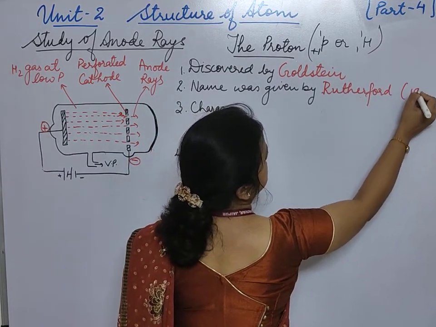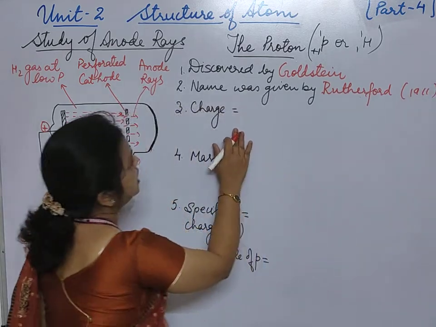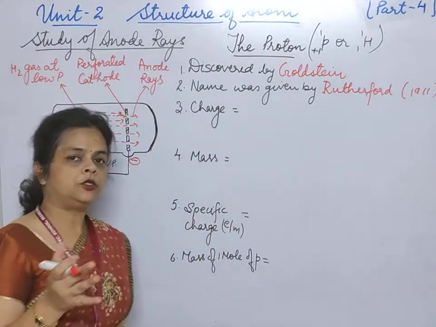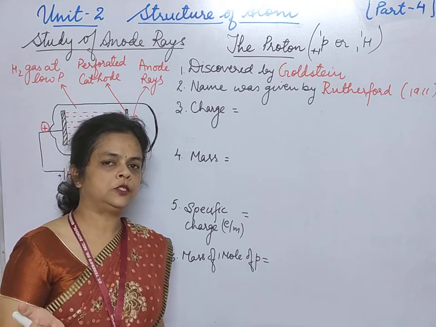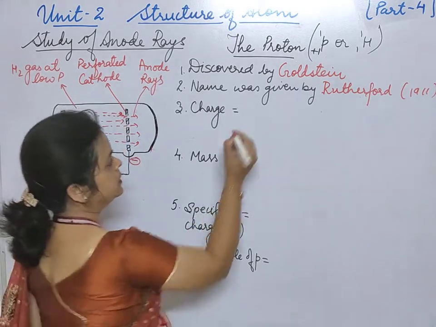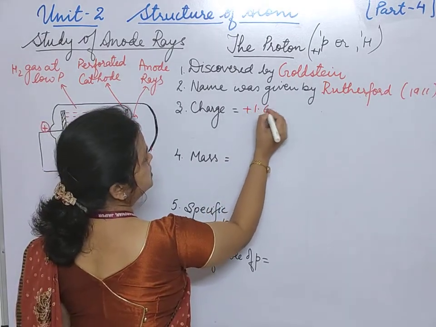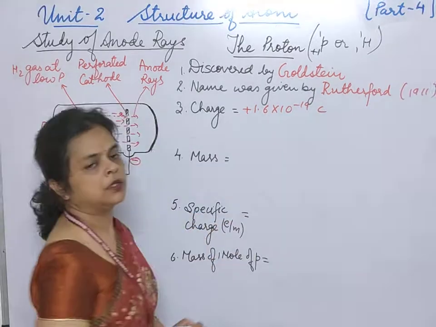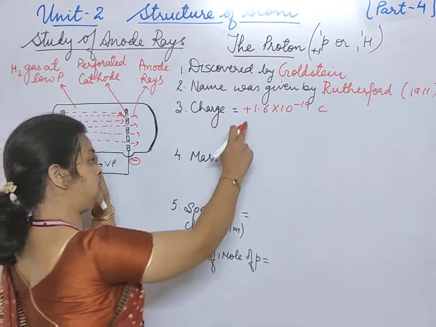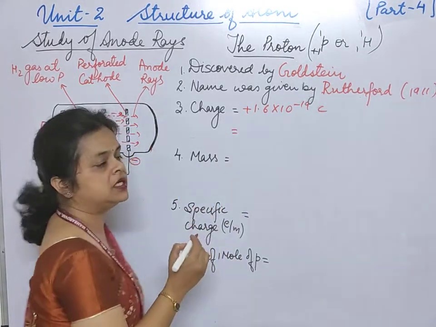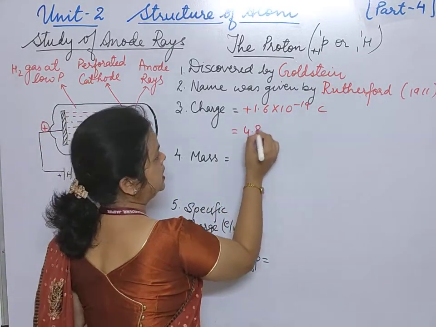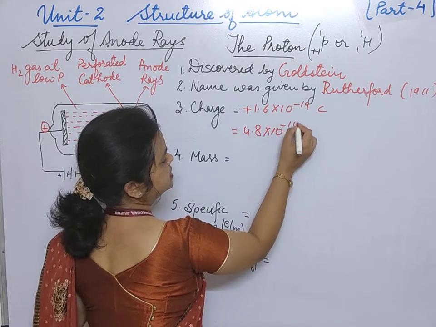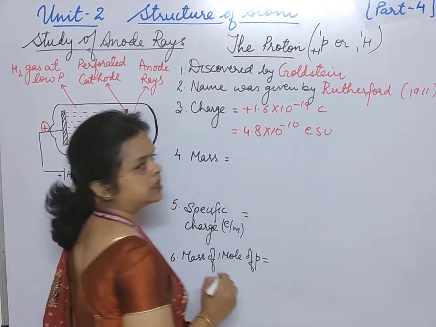Now the name proton was given by Rutherford in 1911. Charge: the charge present on the proton is exactly equal to the electron, but it is positive. So we will write plus 1.6 into 10 to the power minus 19 coulomb. In case of electrons, it is negative. Or in terms of ESU, 4.8 into 10 to the power minus 10 ESU, electrostatic unit.